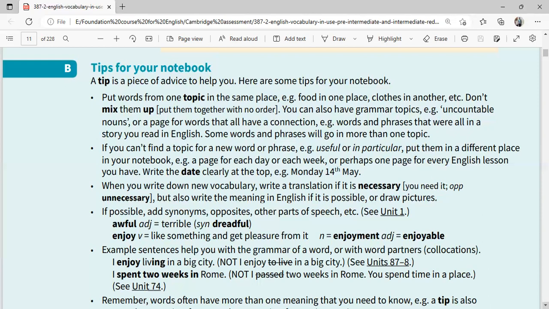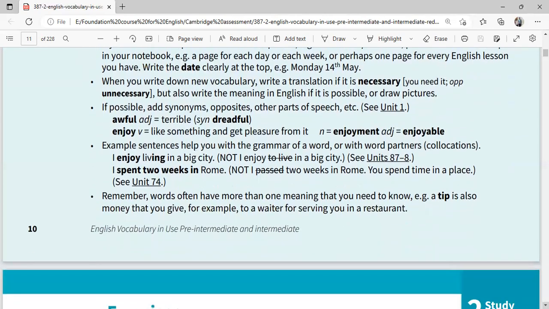Awful, adjective; synonym: terrible, dreadful. Enjoy, verb: like something and get pleasure from it. Noun: enjoyment. Adjective: enjoyable. Example sentences help you with the grammar of words or with nice collocations.